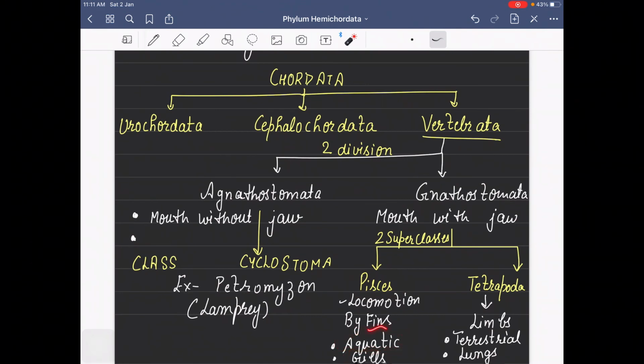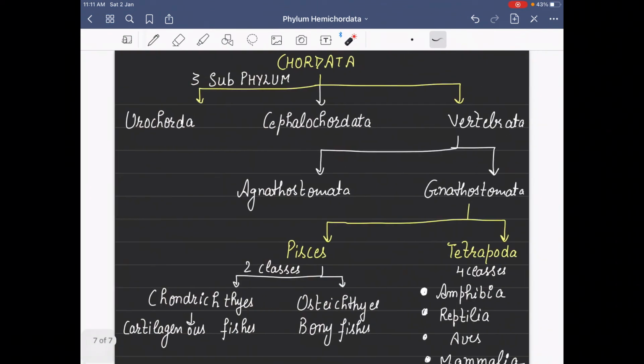Locomotion will be by fins. So in Pisces, locomotion will be by fins. T for Tetrapoda, T for terrestrial. If they are terrestrial, the locomotion will be by limbs, and the respiratory organ will be lungs.